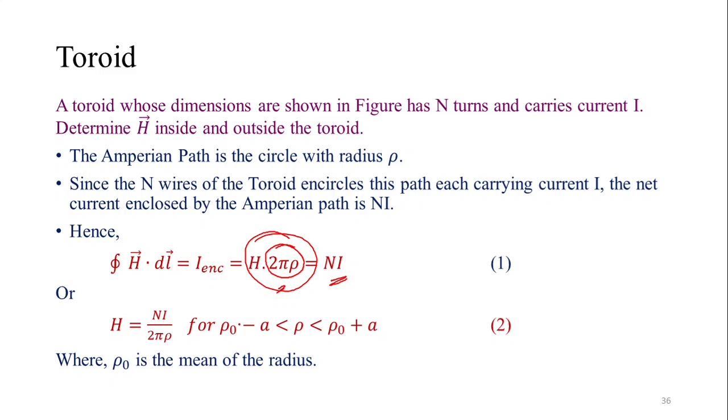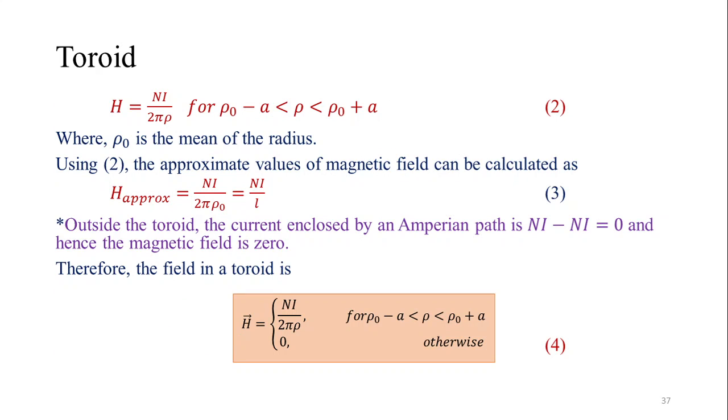That is equal to NI. From this you can write H is NI by 2 pi rho for the region rho naught minus a to rho naught plus a, where rho naught is the mean radius. Using the approximate value, H is approximately NI by 2 pi rho naught.